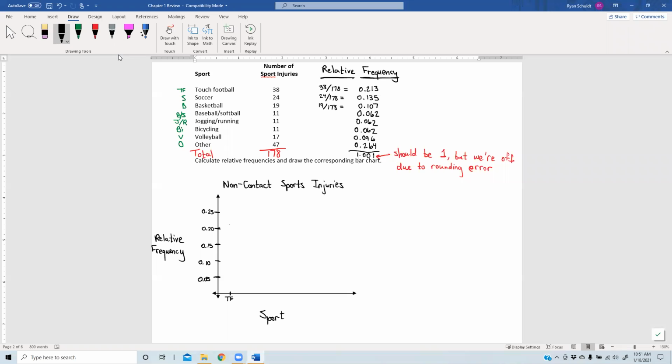So I'd say approximately right here. I'm going to try to draw a small rectangle right along here.